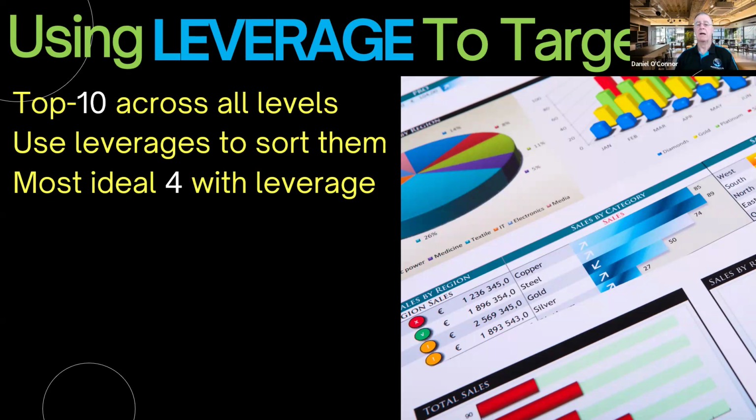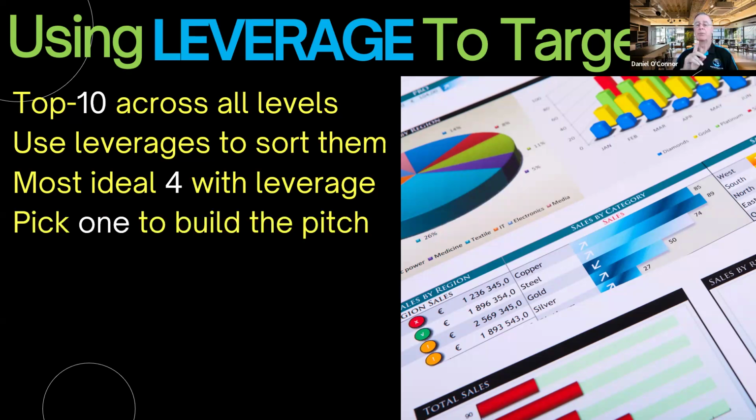Once you've got the four, we start building the pitch, but we only build one pitch at a time. The reason for that is because using leverages is hard work. You actually have to cost it out, and you have to get it right. You have to be able to project what that's going to be worth individually for that company by looking at their markets and their industry and pinning down what that could be worth if they decide to use this and take the project on.